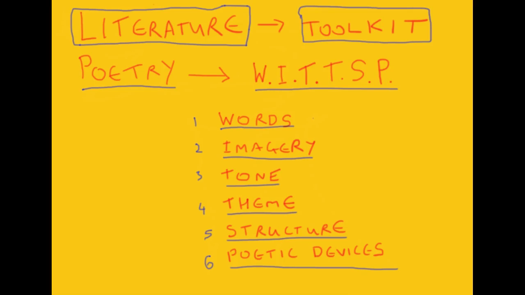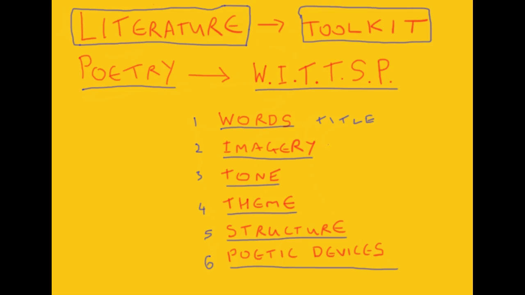But if you take this toolkit to the poem and consider these six different parts, you should find that your understanding grows as you go through the process. When I say words, I'm also including the title, so all the words.